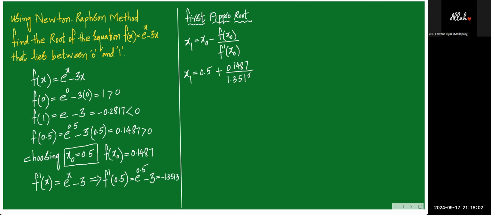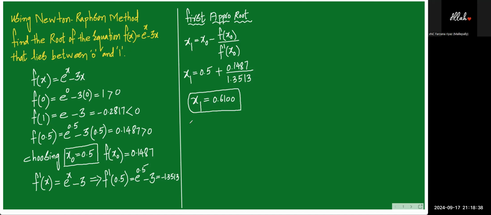Just calculate this and tell me what our first approximate root is. 0.6100. This is our first root we got.